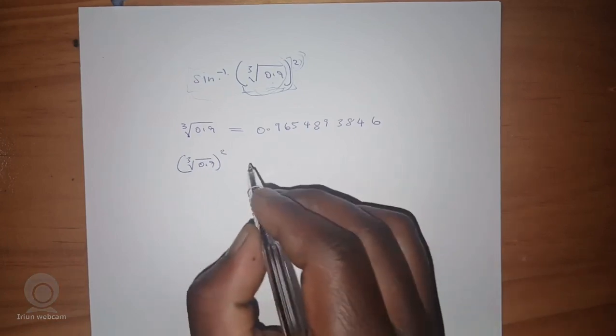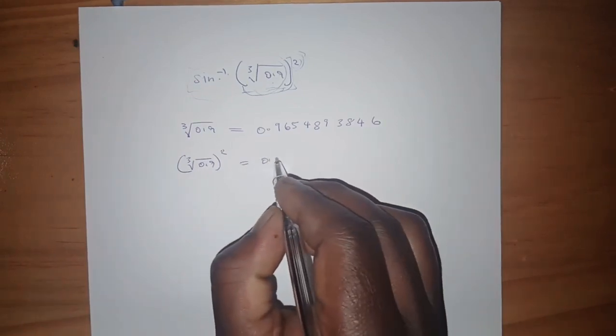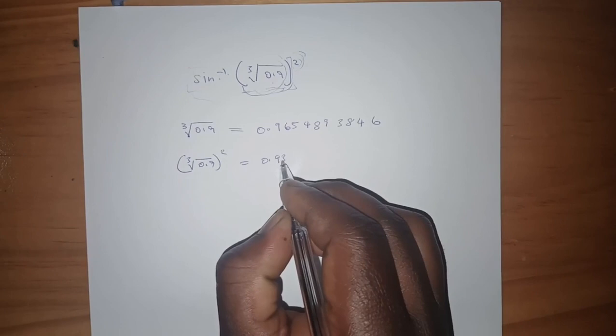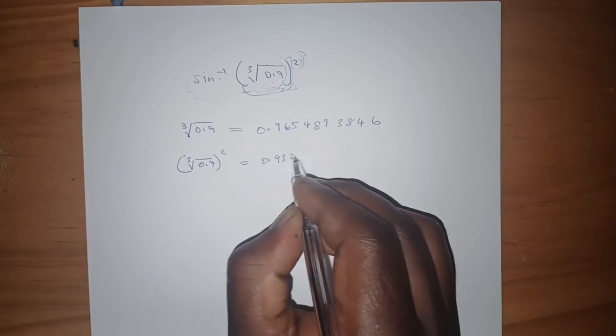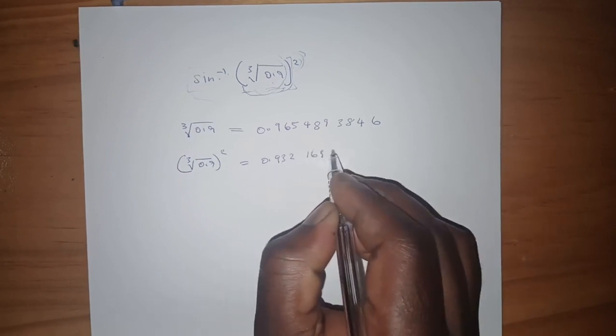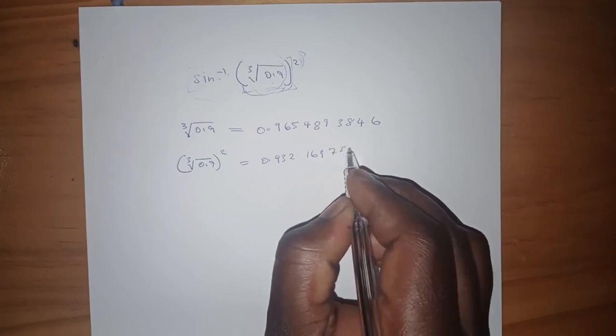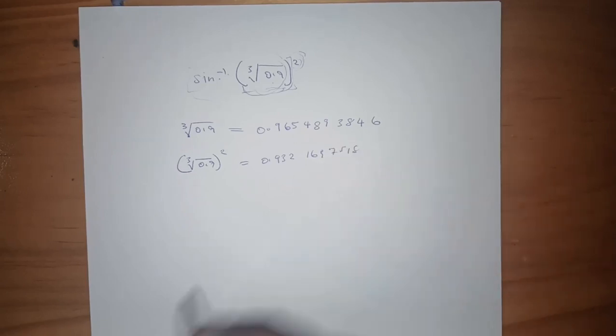It's giving me 0.9321697518. Then from there, you can apply the second function, the arcsine.